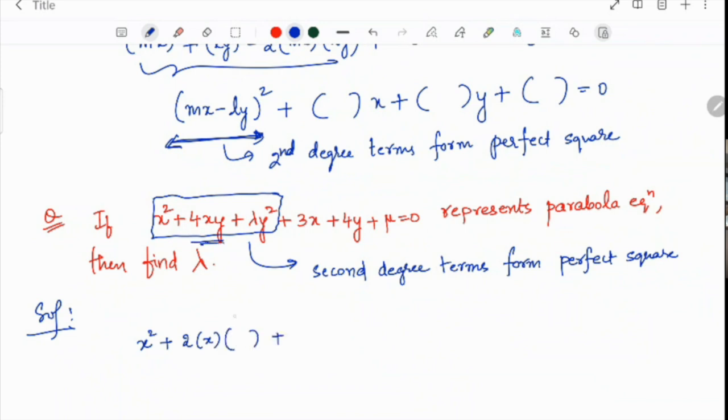To get 4xy, I should write 2y here. So that means here what should come? 2y whole square should come. All right. Now tell me what is lambda? Lambda is y square coefficient. Y square coefficient here would be 4. So lambda value is 4.